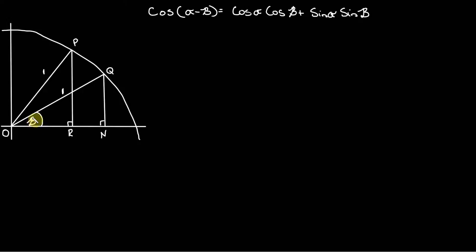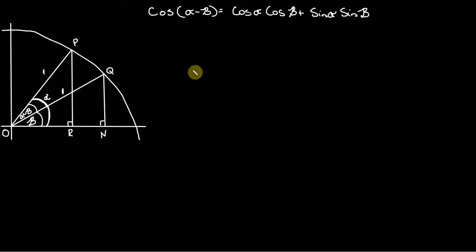Let's call this angle beta. Let's call this angle alpha minus beta, because this entire angle, this whole thing right here, we can call alpha. So the entire angle is alpha, hence why this angle here, POQ, is alpha minus beta.